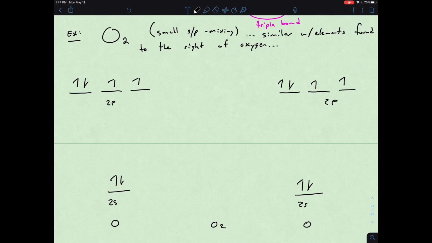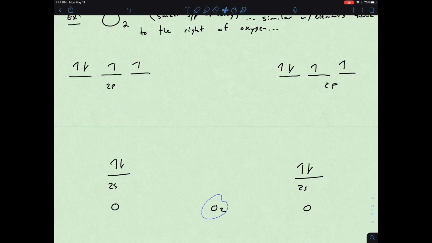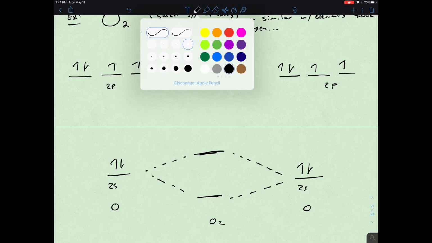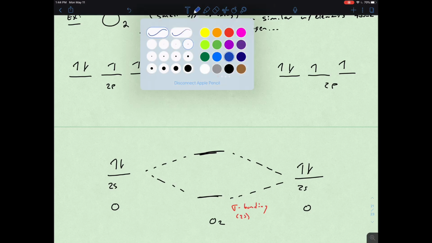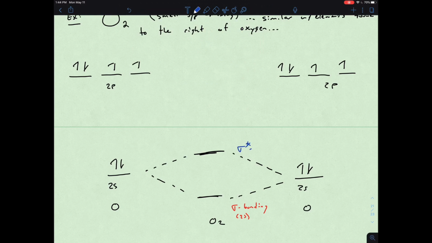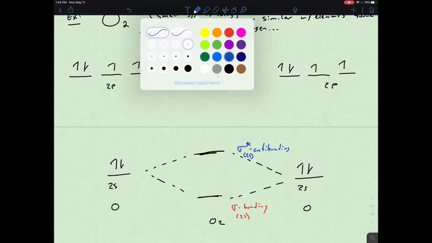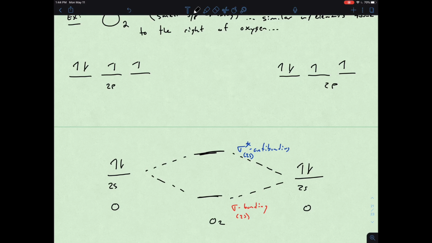So there's our valence electrons. Now bringing these together for the bonding and the anti-bonding, we would have a lowering of energy and a gaining of energy for the sigma and the sigma star. Here's our sigma bonding for the 2s, and then above it we have our sigma star for the 2s, and then we find just a different scenario for the MO diagram above.